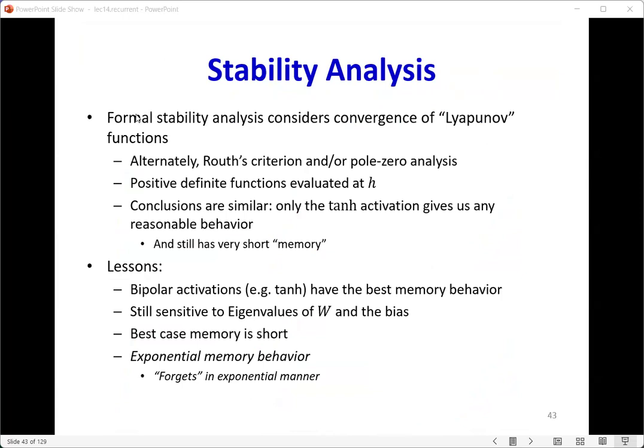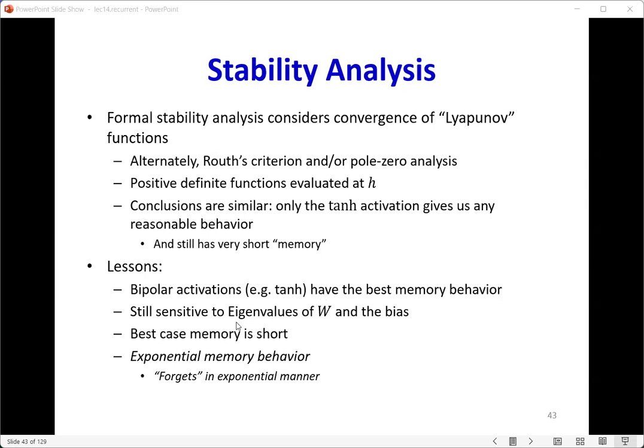Now, if you want to perform a formal stability analysis, you can go through the math, and you need to consider convergence of Lyapunov functions, Routh's criterion and whatnot. But even the math will tell you the same thing. Bipolar activations like tanh take the longest time to get to their useless default behavior.